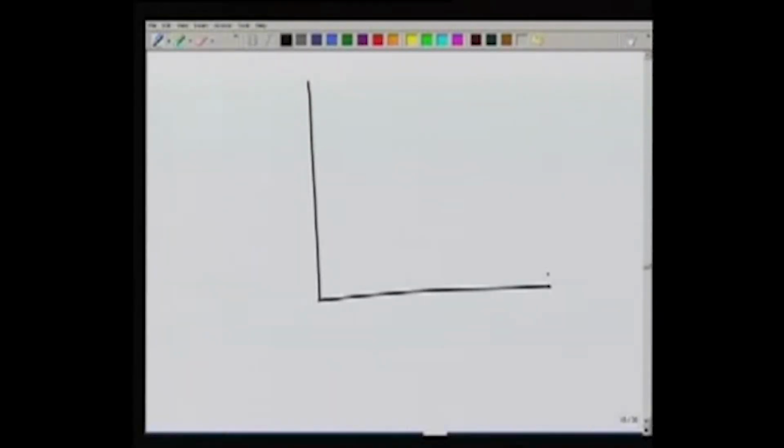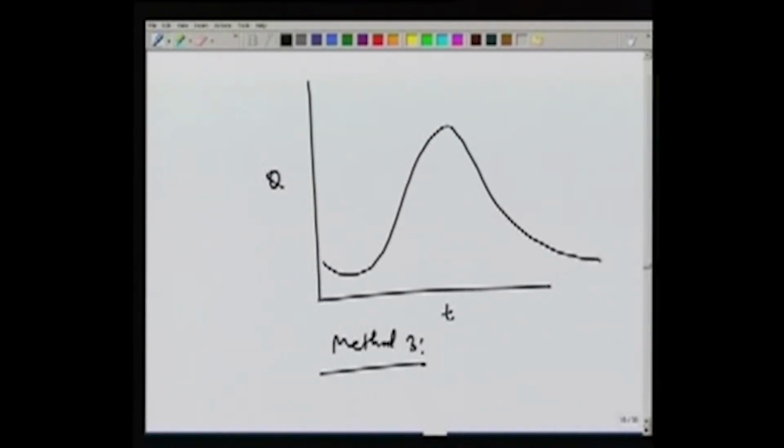The third method is the one in which we extend the base flow backwards from D. So again, let's draw the hydrograph, find out the points A and D. B and C are the points of inflection.